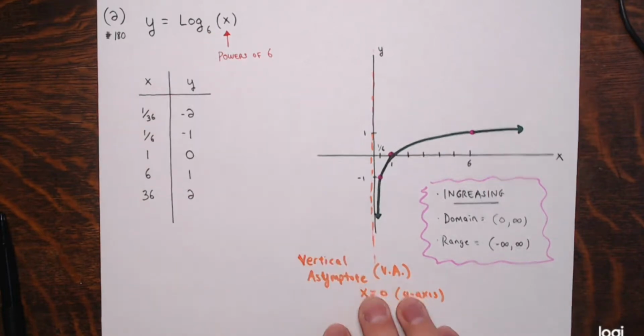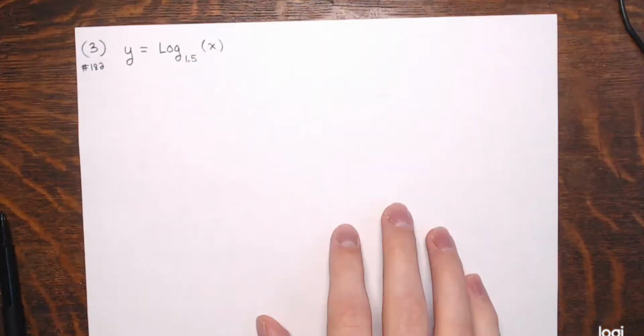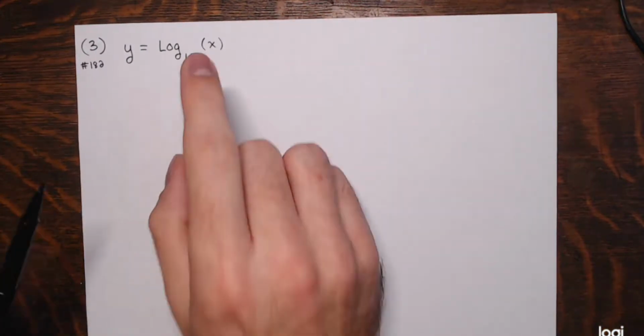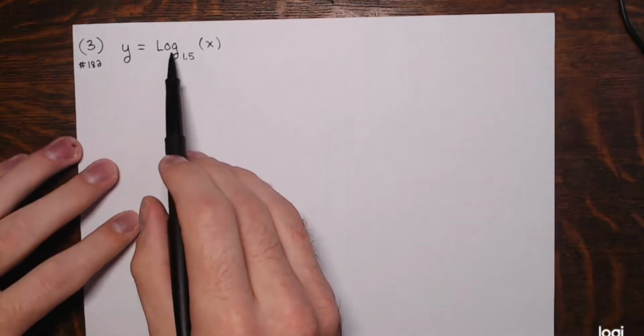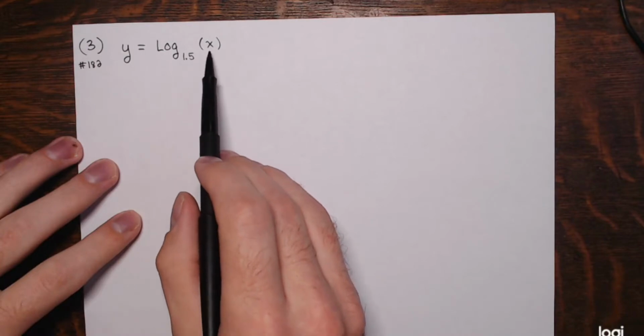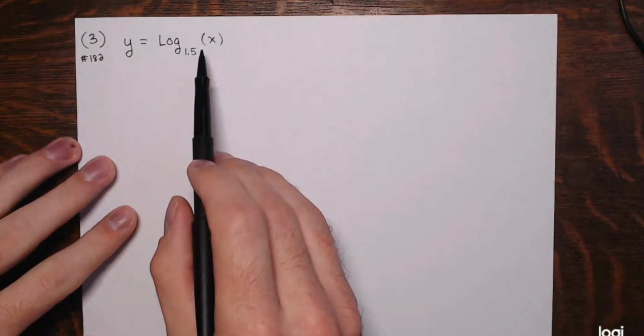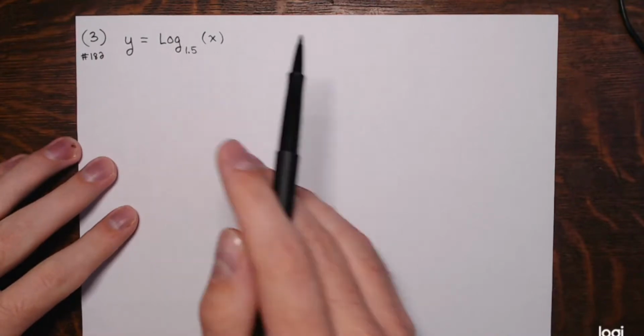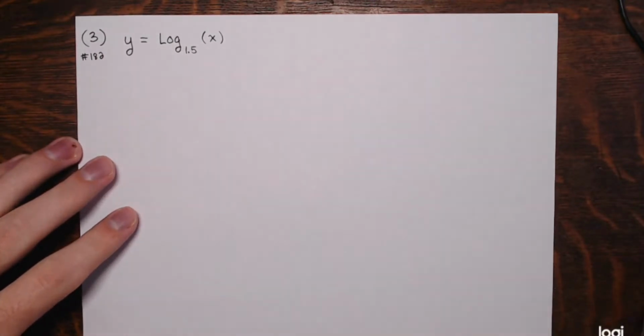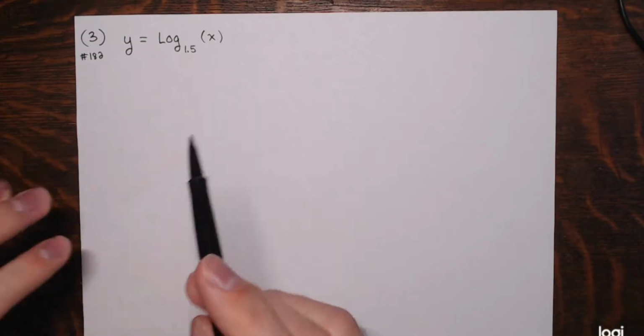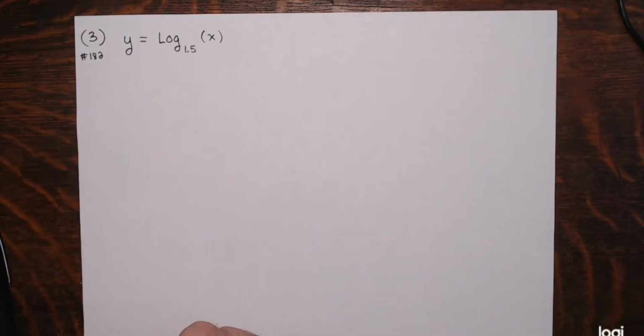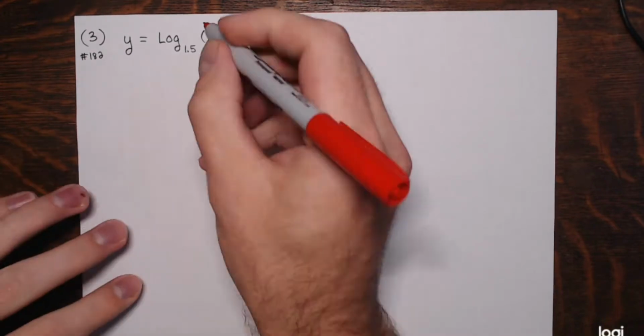And in example 3, I have a base of 1.5. So y equals log base 1.5 of x. Once again, I want to put in powers of 1.5, some nice integer powers of 1.5.